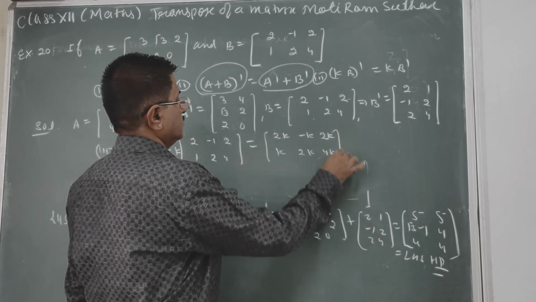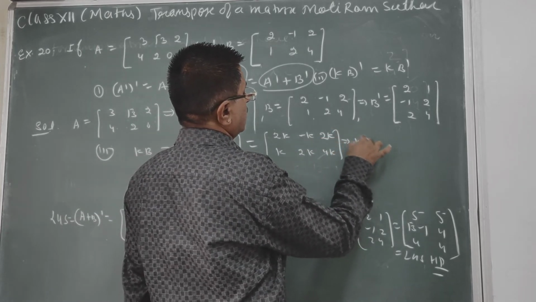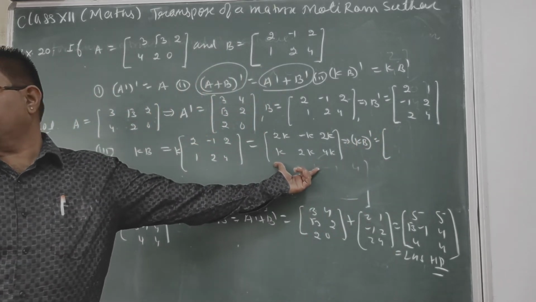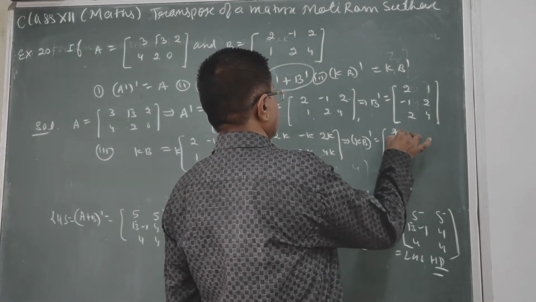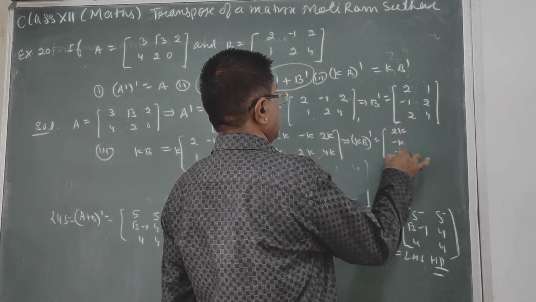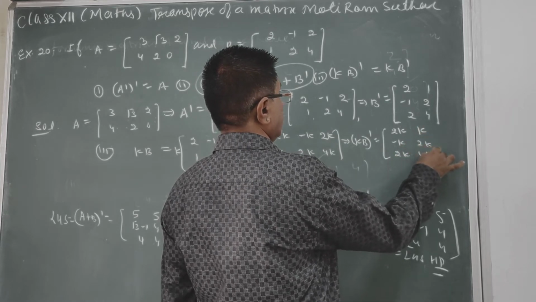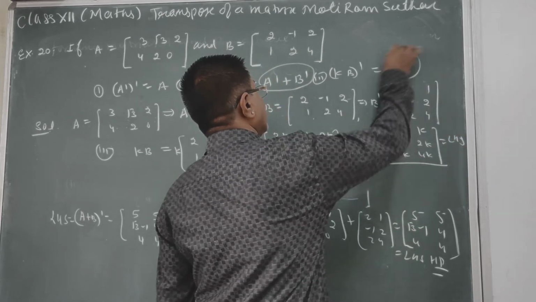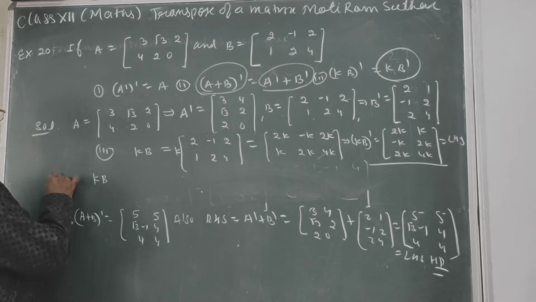Each element is multiplied. Now we have to find (kB) whole transpose, the transpose of this matrix. So that is 2k, minus k, and 2k, k, 2k. So this is the left hand side. Now for the right hand side we need k into B transpose.